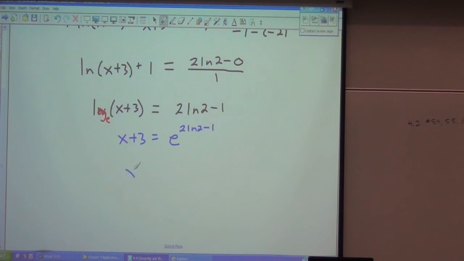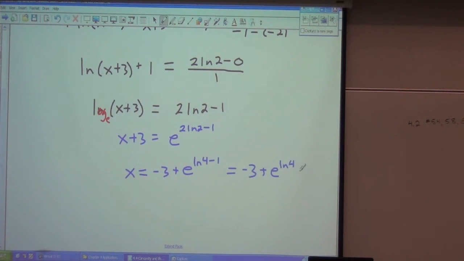And then take the 3 to the other side, it becomes negative. They might even make this e to the natural log of 4 minus 1. And then we can make this -3 plus e to the natural log of 4 minus 1.